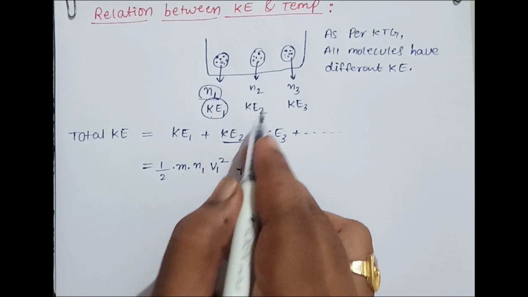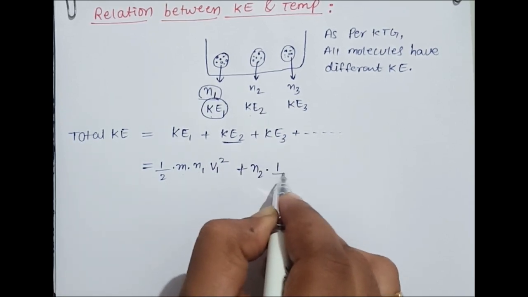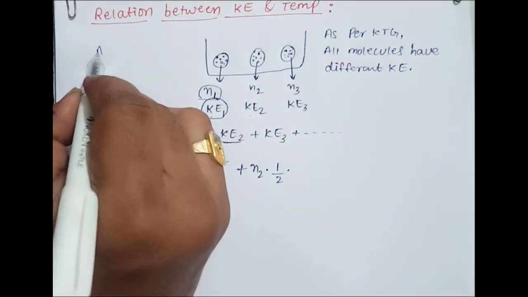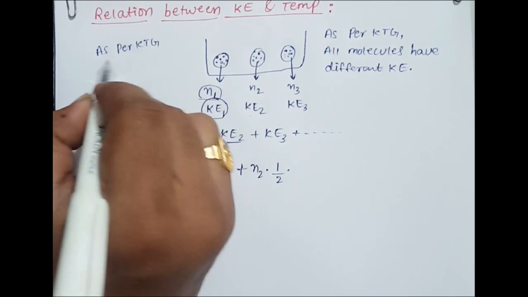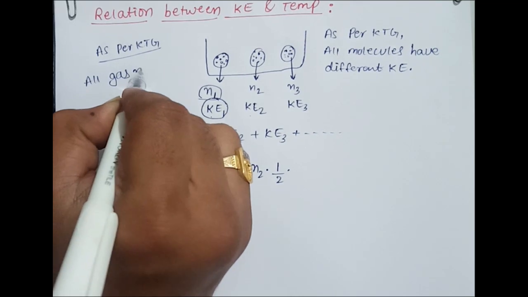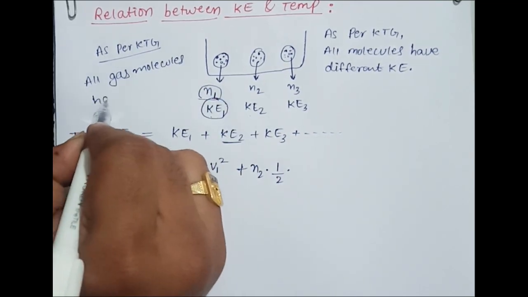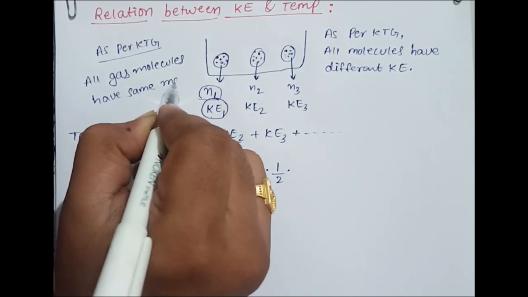Here there are n2 number of molecules, so n2 into its kinetic energy, half m v2 square. Again, as per the kinetic theory of gases, all gas molecules have the same mass, this is a postulate of the kinetic theory of gases.